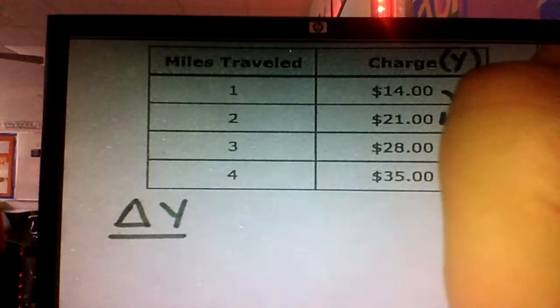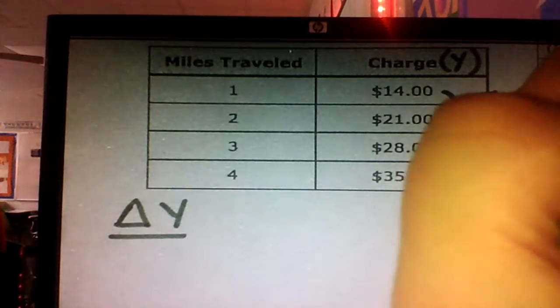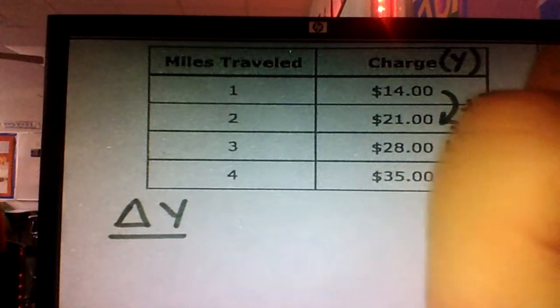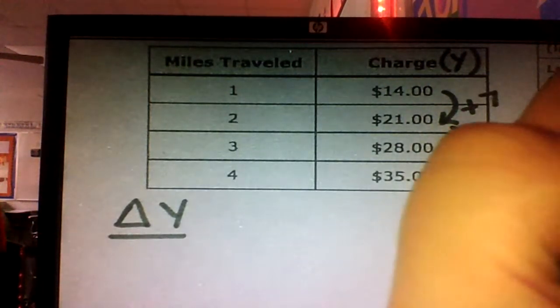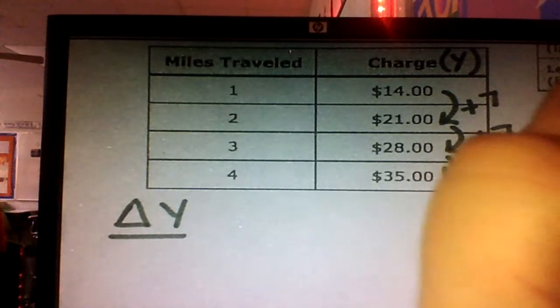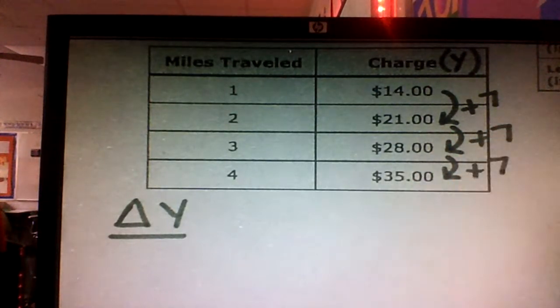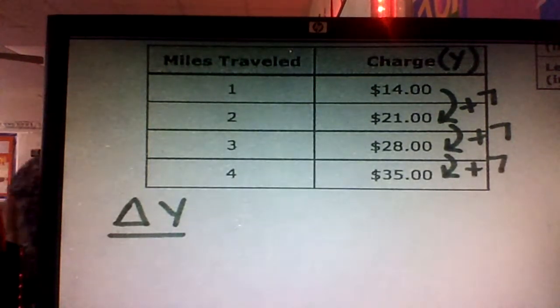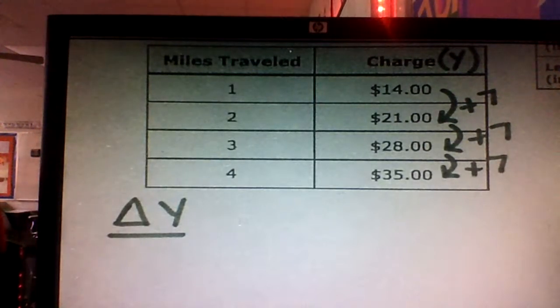Adding 7. I'm going from 21 to 28, plus 7. I'm going from 28 to 35, plus 7. So every time my Y changes, it's increasing by 7. So that's your change in Y. So your top number should be a positive 7.